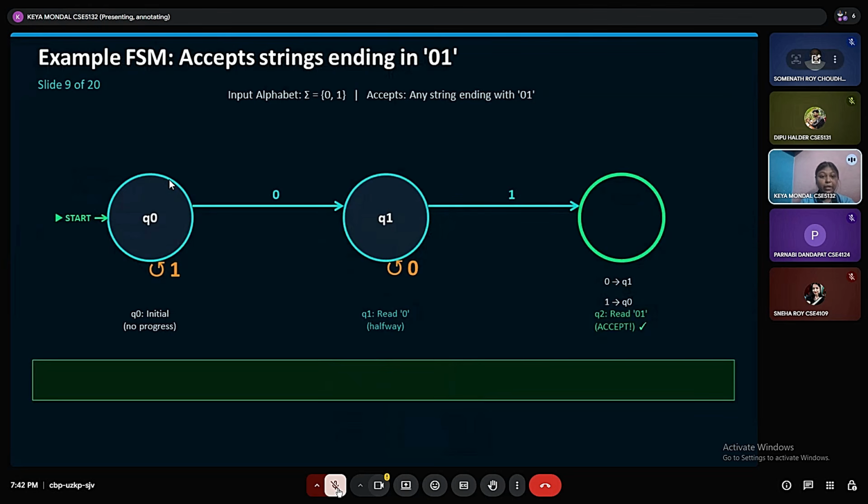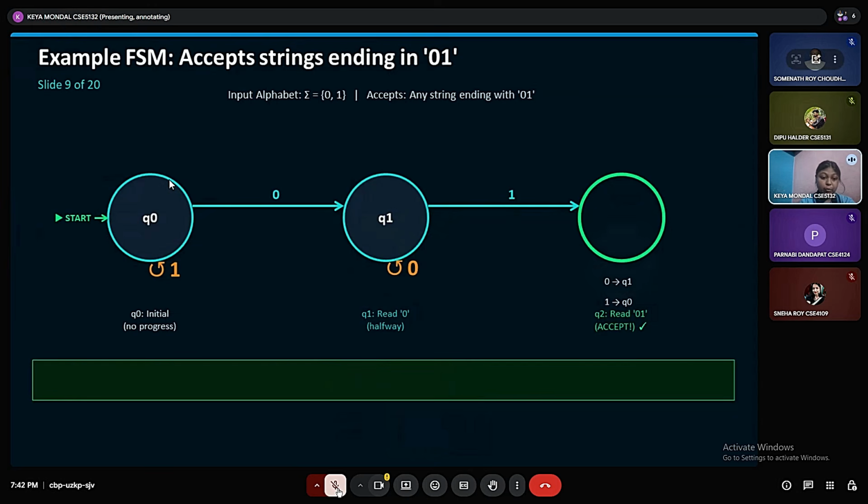This is an example of an FSM that accepts strings ending in 0 and 1. Here the two alphabet symbols are 0 and 1, accepting any strings ending with 01. The start state is q0.